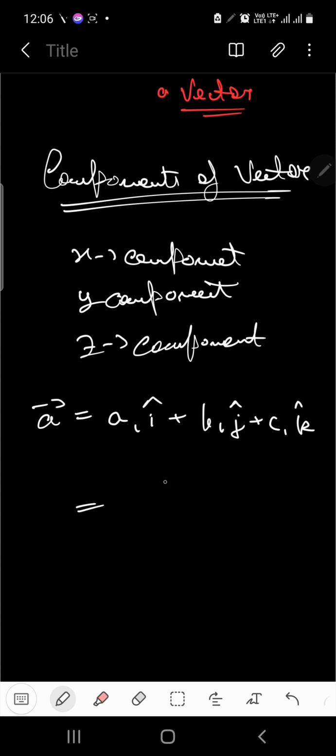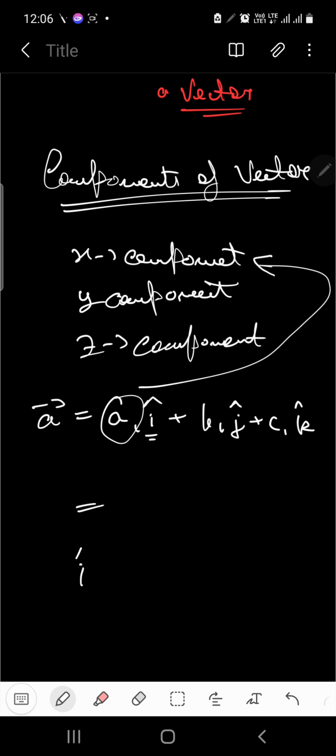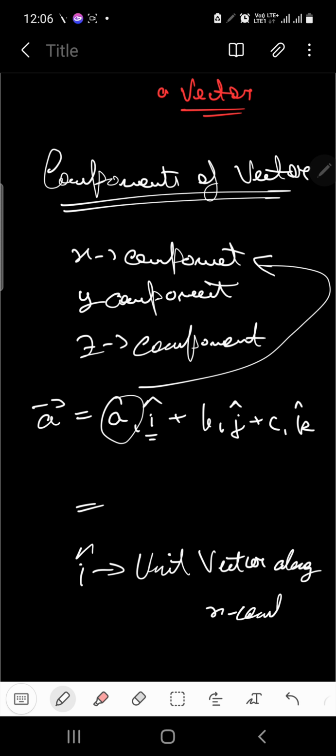So from this what we get is that this a1, the coefficient of i cap, is basically your x component, where i cap is a unit vector along x axis. Clear?